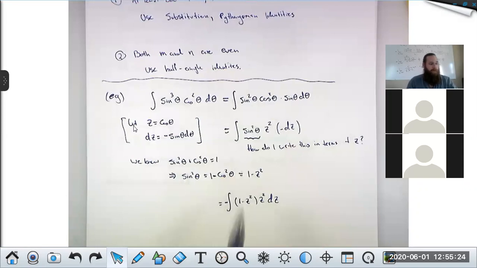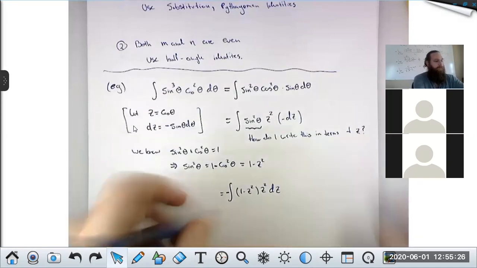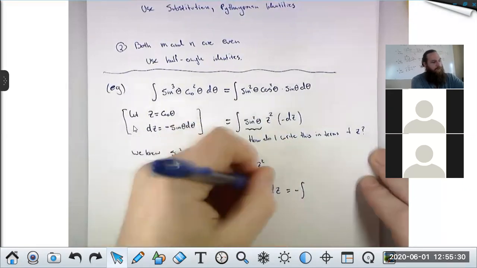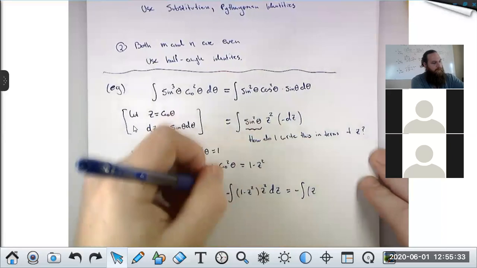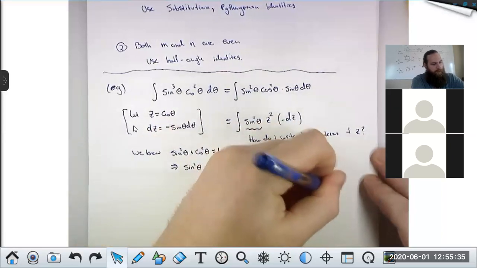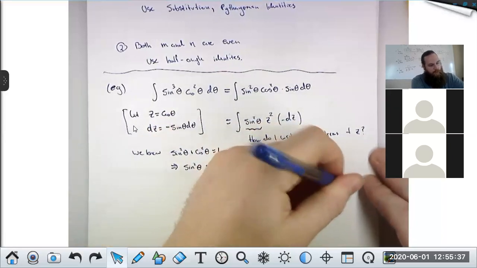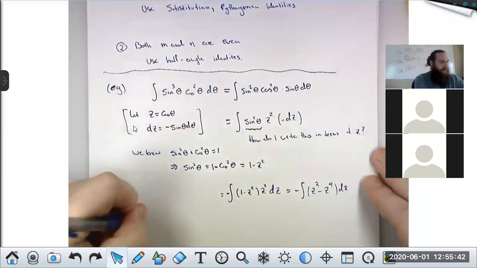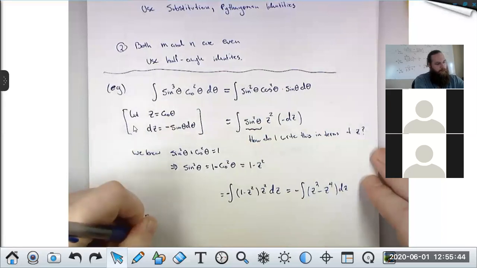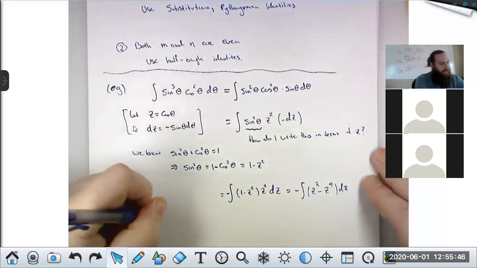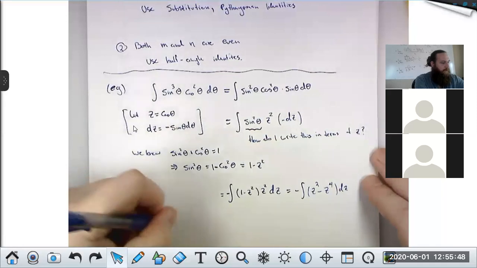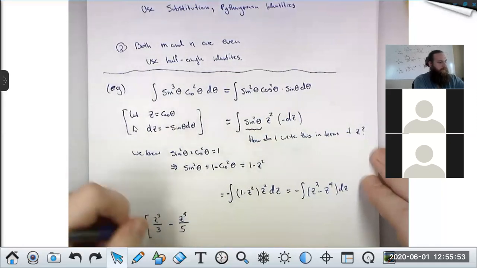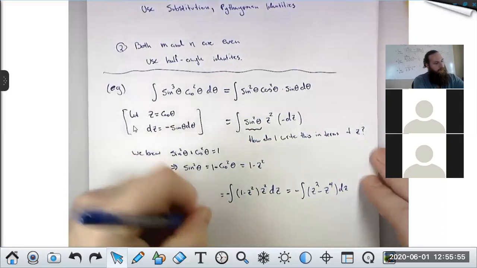From here, the problem is easy. This is negative integral, distribute the z squared. You get z squared minus z to the 4 dz, which I'll continue down here. That's negative z cubed over 3 minus z to the 5 over 5, plus c.